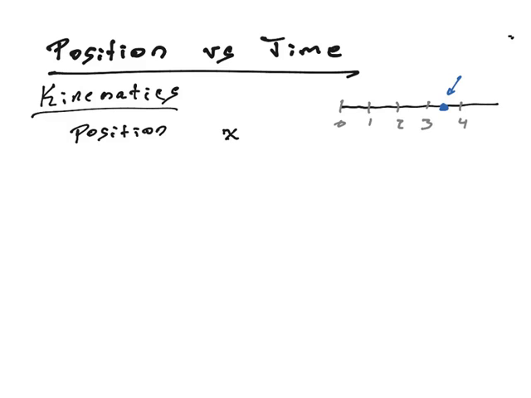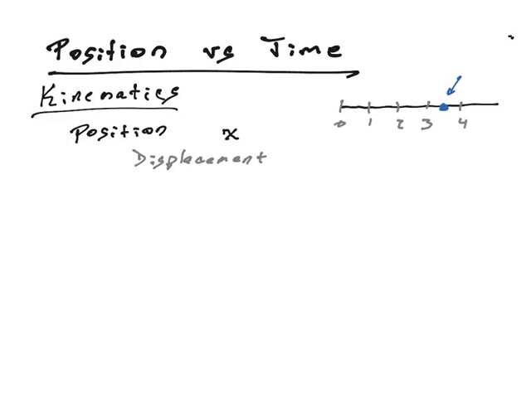Along with position is something called displacement, which is basically like how much the position changes. So if an object moves from one location to another location, then it has some displacement.